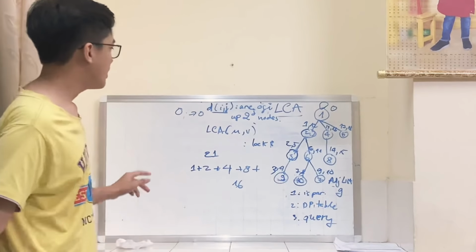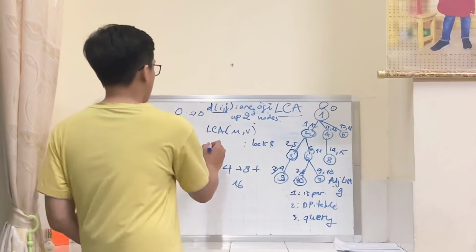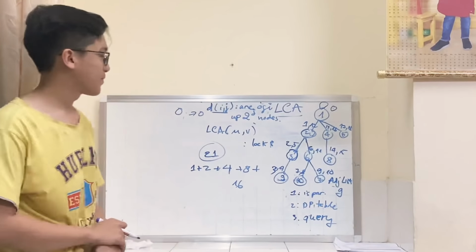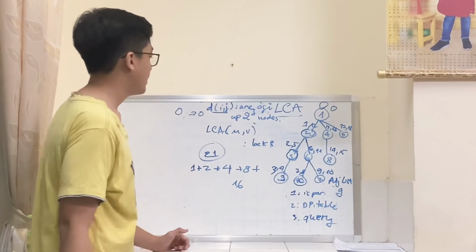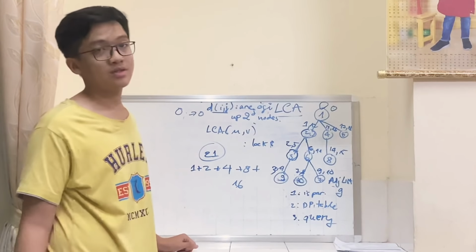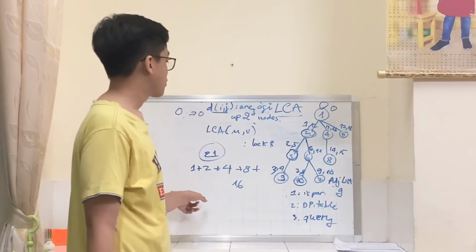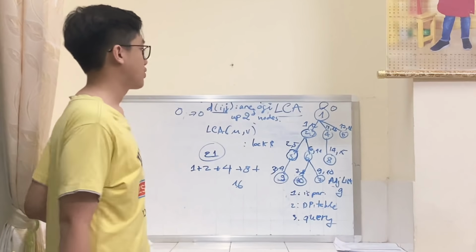It cannot make up 21. So I'll choose to traverse from the larger one to the smaller one.